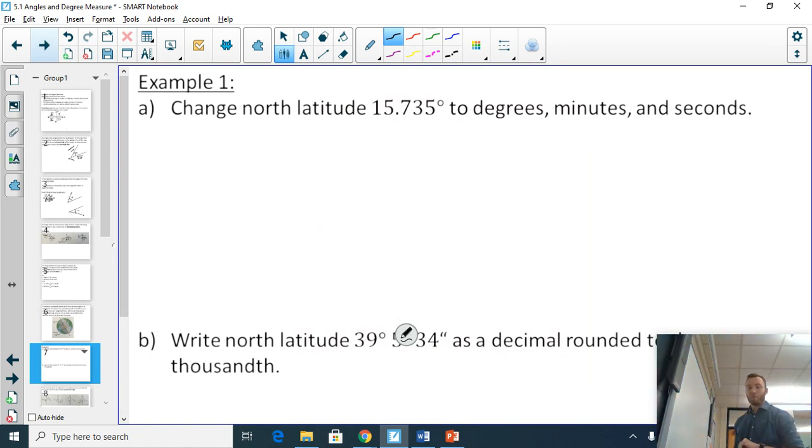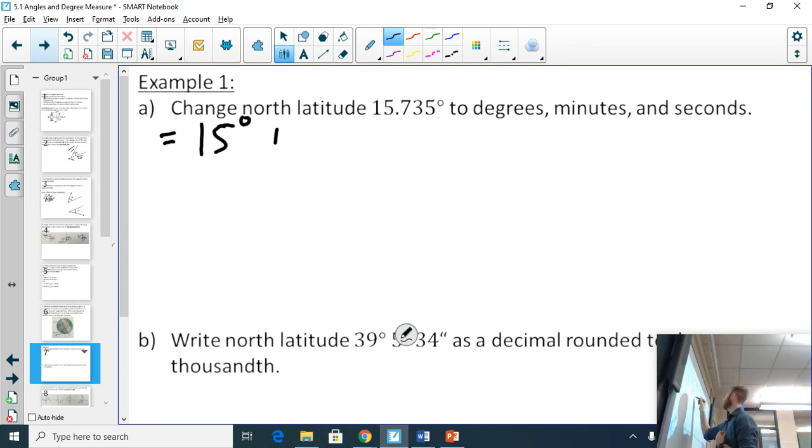So our example 1 says change north latitude 15.735 to degrees, minutes, and seconds. Well, you would say that's the same thing as 15 degrees, which is already in degrees, right? But then the problem is that 0.735, right?